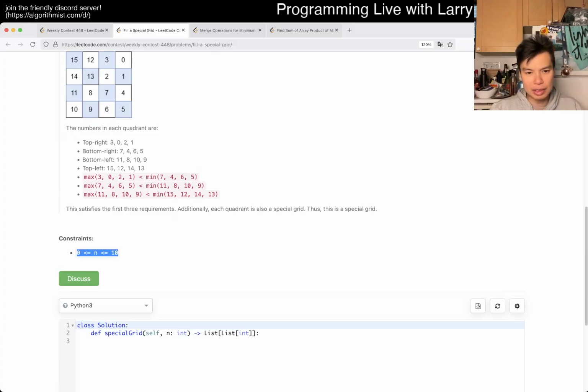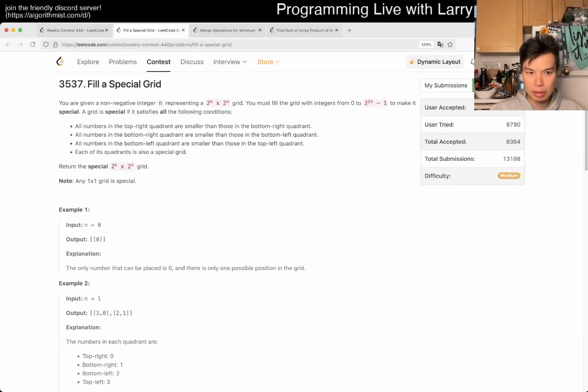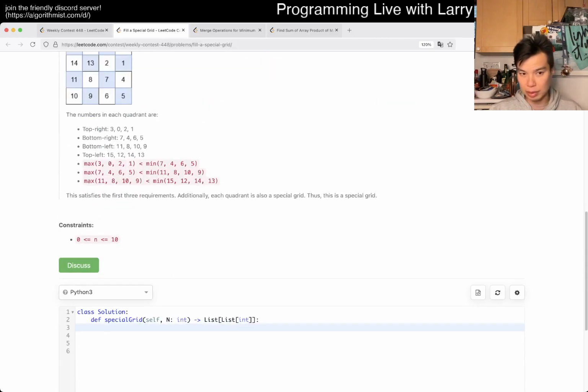I kind of want to do this recursively, but maybe it's fine. Yeah, I mean, I think you're supposed to do it recursively anyway. But okay, fine.